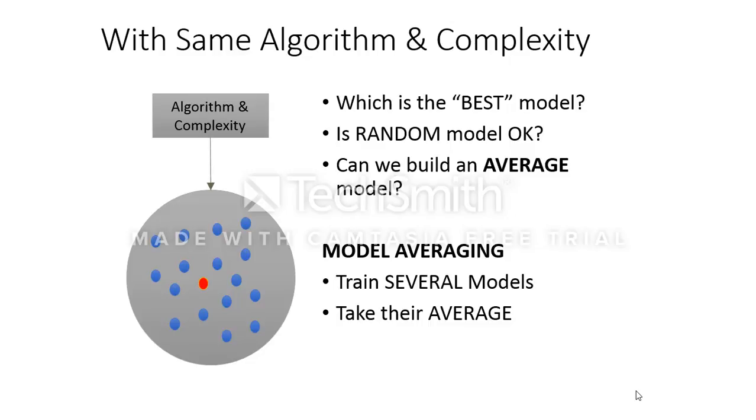Then you may say, what is the best model? Is any random model which we are going to create going to be okay? Otherwise, how can we build an average model? We may think, let me create a complex model, it is going to be fine. No, it is not going to be fine.